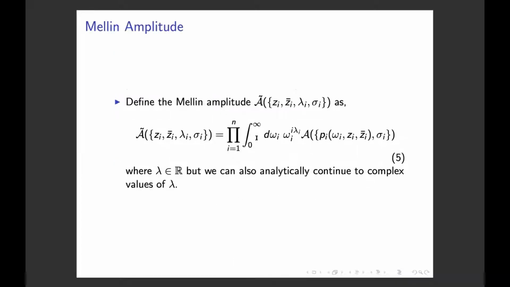So now let's introduce the Mellin amplitude. So this was done by Pasterski, Shao, and Strominger. So what you do is that you do an integral transform which is given in this equation 5, and these lambdas are some real numbers.